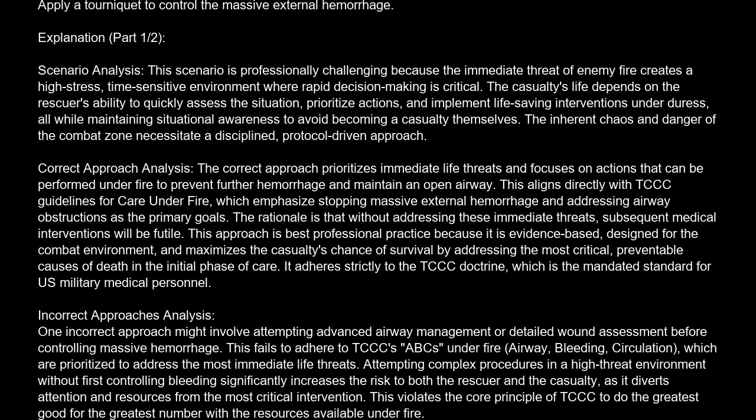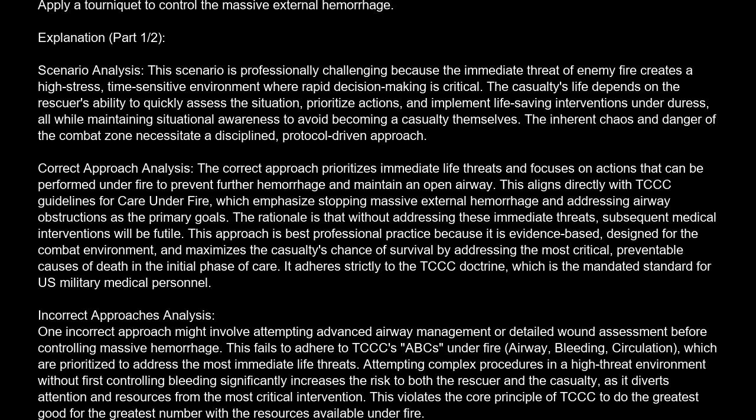Attempting complex procedures in a high-threat environment without first controlling bleeding significantly increases the risk to both the rescuer and the casualty, as it diverts attention and resources from the most critical intervention. This violates the core principle of TCCC to do the greatest good for the greatest number with the resources available.